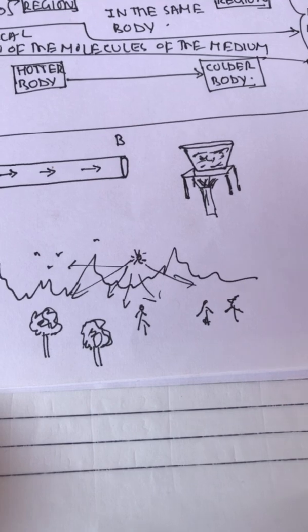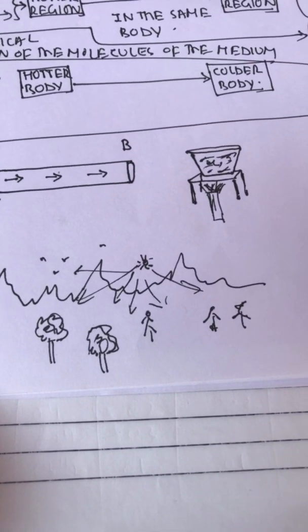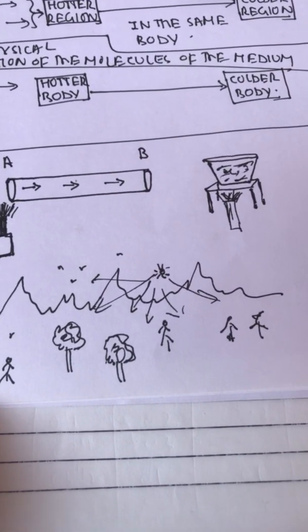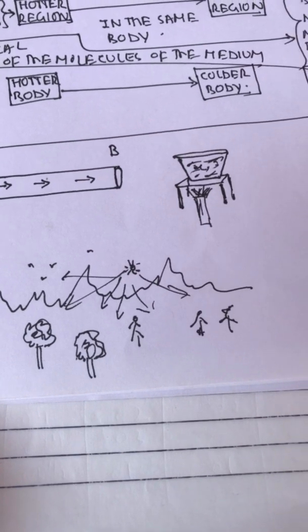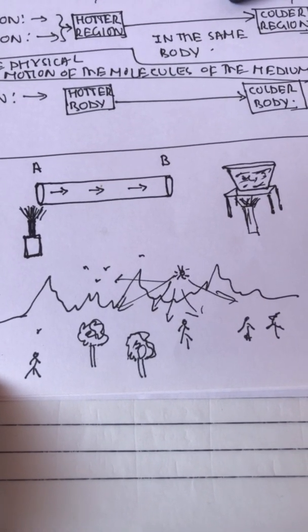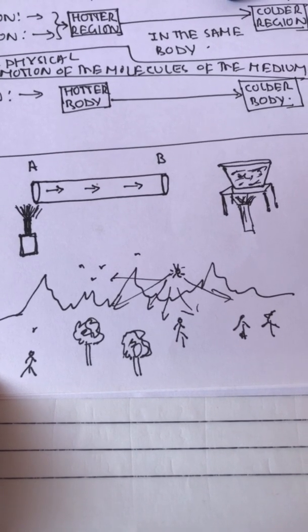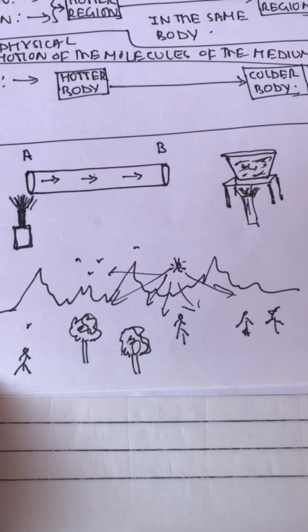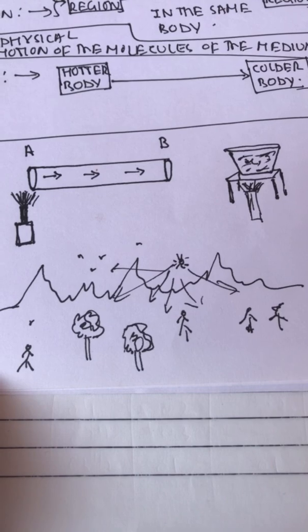I'll repeat once again. Radiation is the process of transfer of heat from a body at a higher temperature to a body at a lower temperature without the intervening medium getting affected. Now, what is the intervening medium? The air.